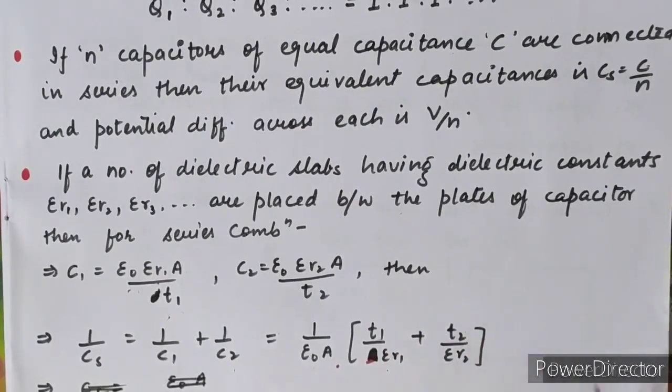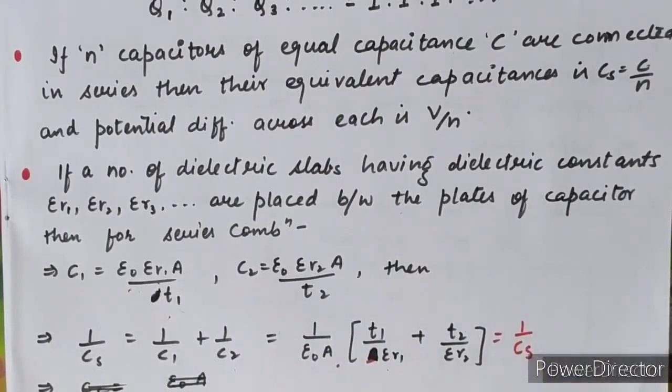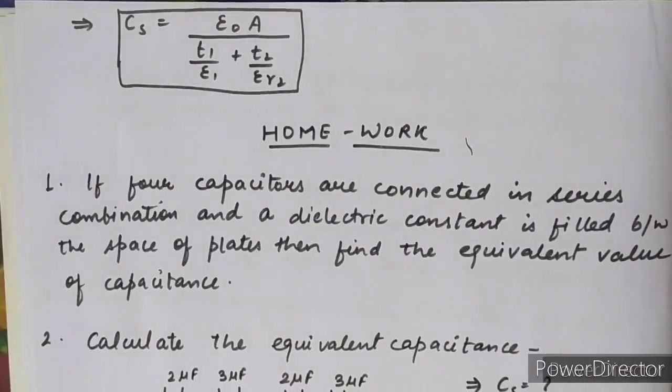This is the equivalent value of capacitance when dielectric media of given dielectric constants are placed between the plates of a capacitor. But I had just told you that you have to calculate the value of Cs, not 1 upon Cs. So for calculating the value of Cs, we only reciprocate the value.